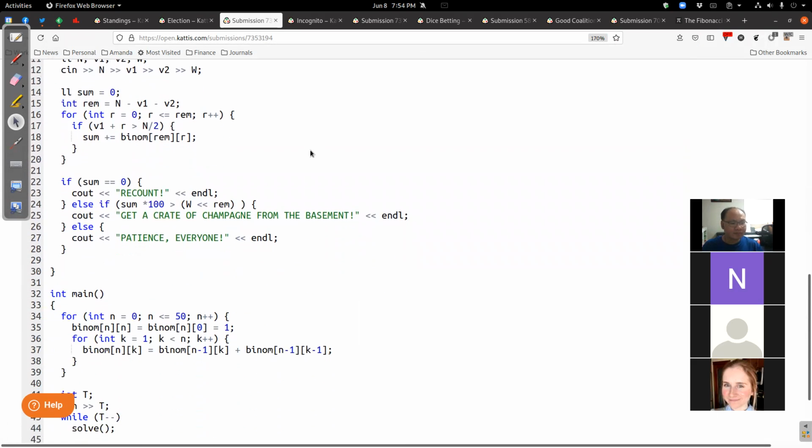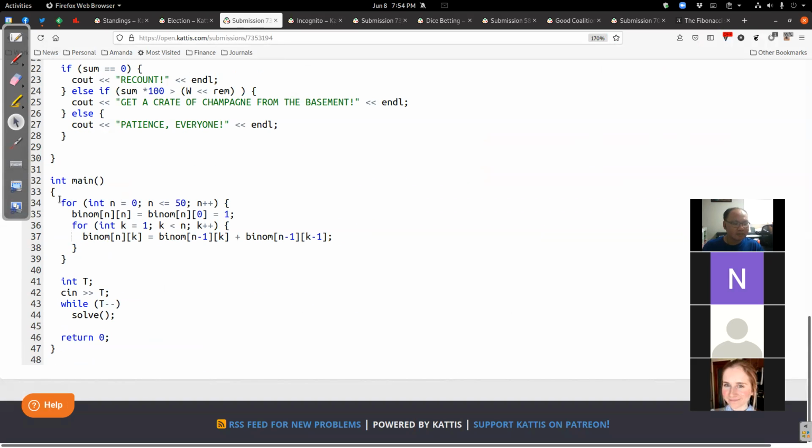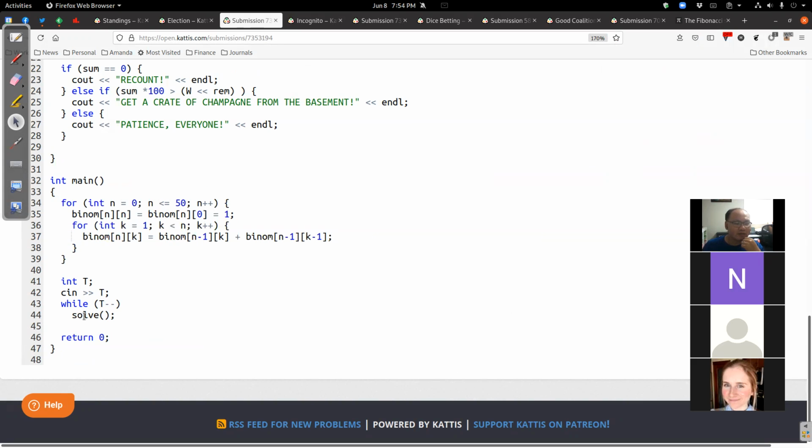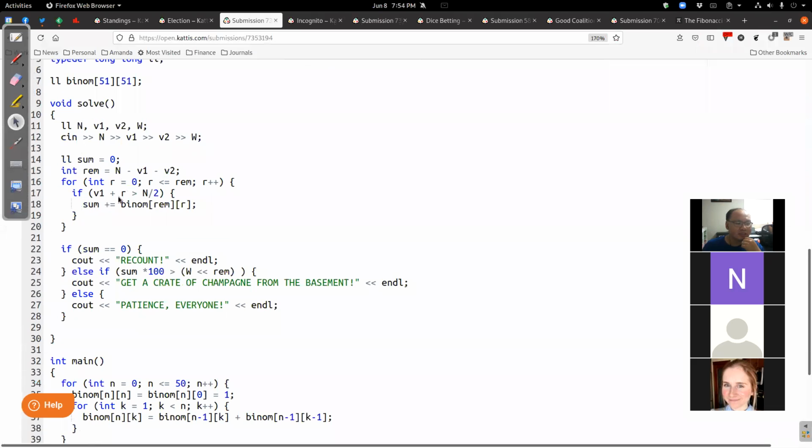Okay, so main is here. This is exactly what I showed you. I compute all the binomial coefficients to start. And then for each case, how do I do it? I read in N, V1, V2, W, and all that stuff. The remaining number of votes is N minus V1 minus V2. And then for the remaining votes, R is the number of votes that goes to candidate 1.